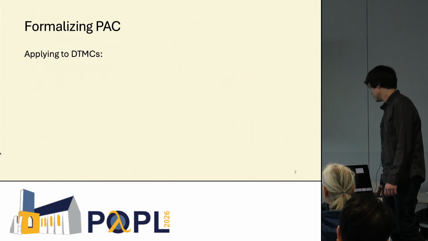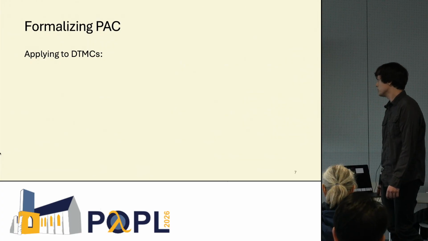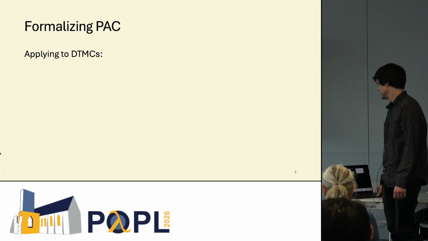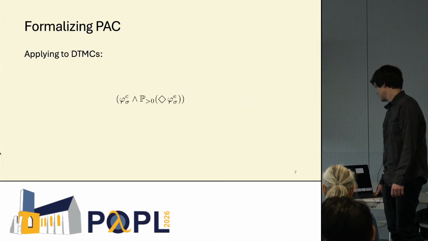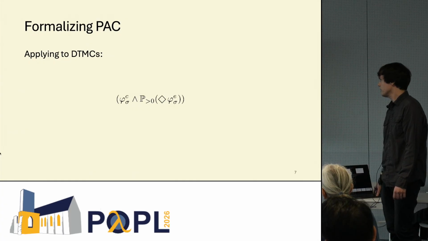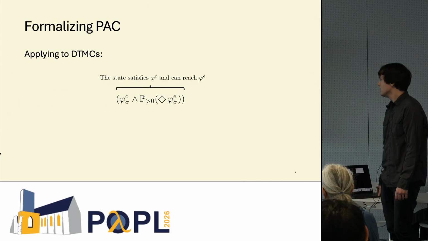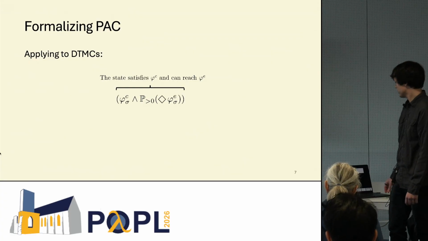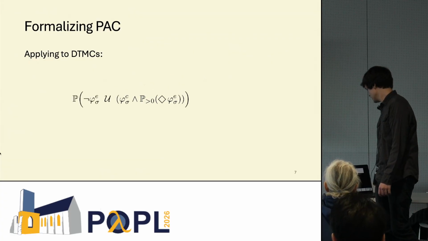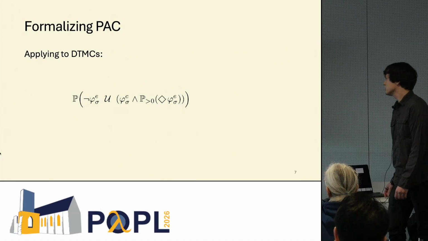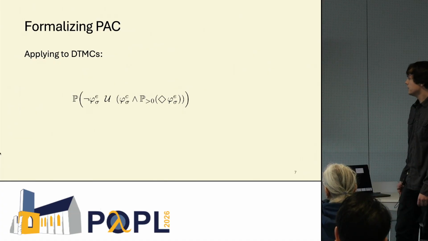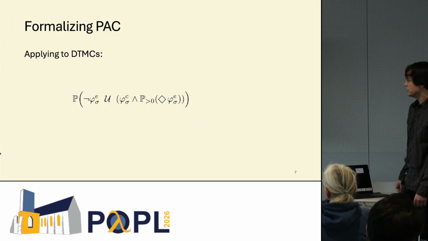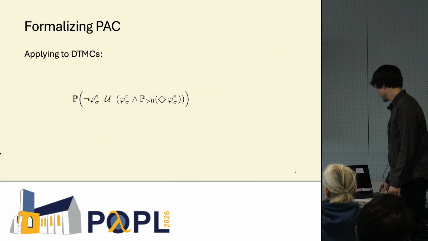And in order to formalize this for DTMCs, we're going to use hyper-PCTL. And starting with the actual world, we're going to formulate it as this, saying that there is a cause that occurs and a subsequent effect eventually occurs. However, we also want to specify that there's no effect that happens before that cause, and we are interested in the probability of this case happening.